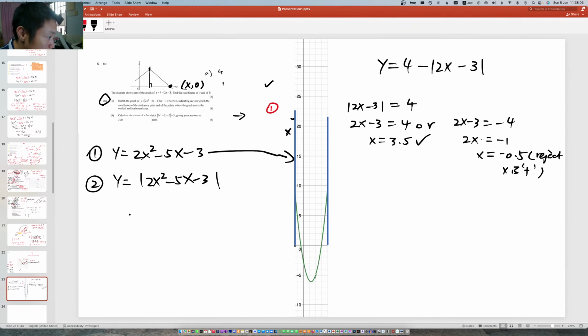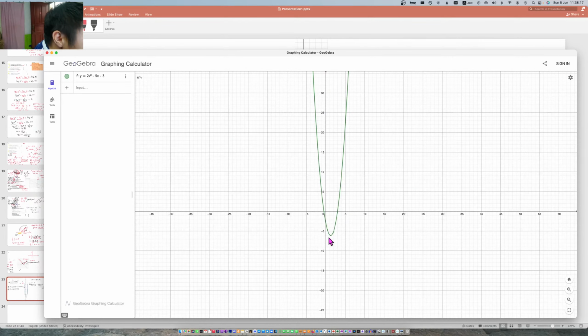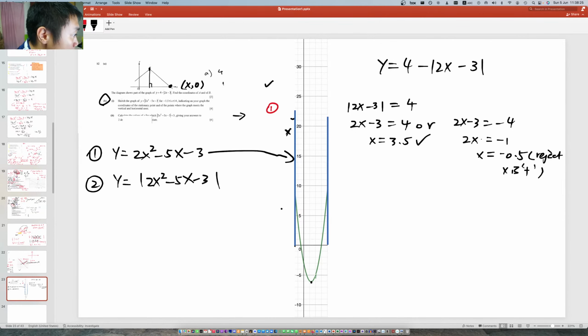Now I need to modulus. To modulus, you need to find this point first, because once you find this point, then you can flip this. 1.25 minus 6, so it should be 6 something, and 6 something is here.